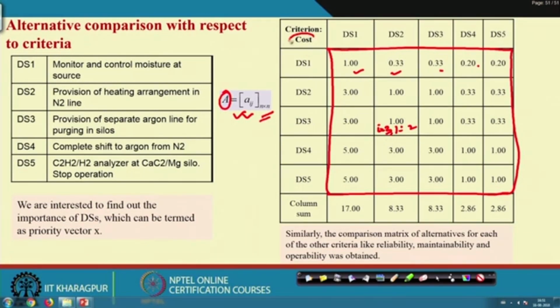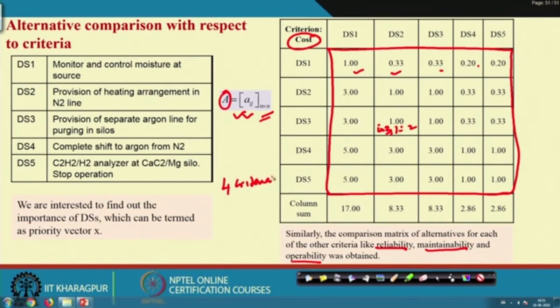So, as you get the comparison matrix A for cost, similarly you can get the comparison matrix for reliability, for maintainability and for operability. How many criteria have you chosen? You have chosen 4 criteria.